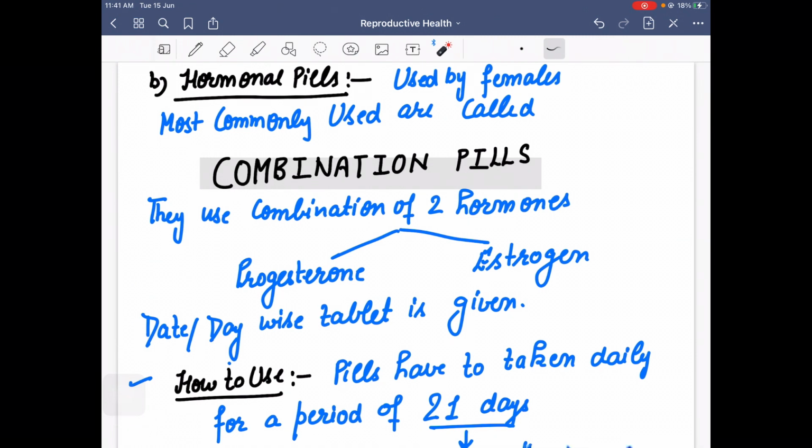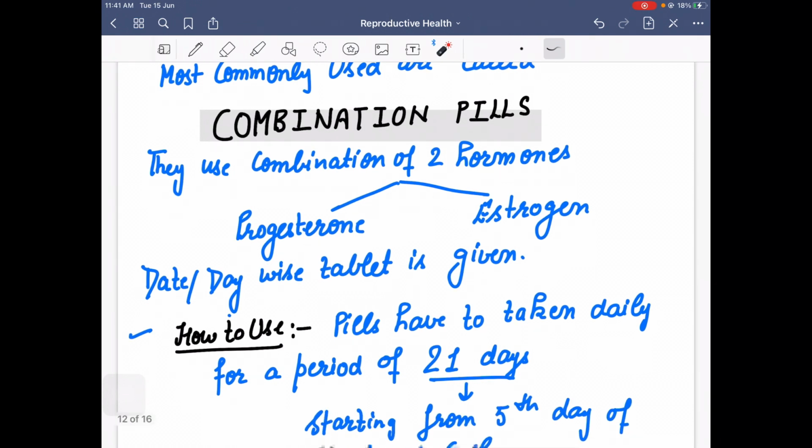Second chemical method includes hormonal pills. They are also used by females. Most commonly used are combination pills. Look at the name, combination pills use a combination of two hormones.